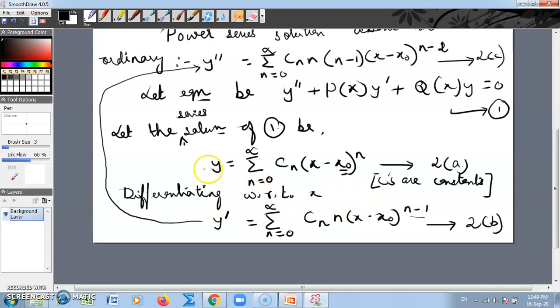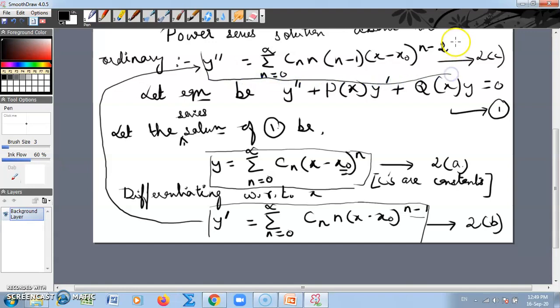So we have here, this one is our 2a, this is 2b, and this is 2c. So what we do is we use these values. We have y double dash, which we put here, and then we have y single dash, which we put here, and then we have just y, which we already have here.